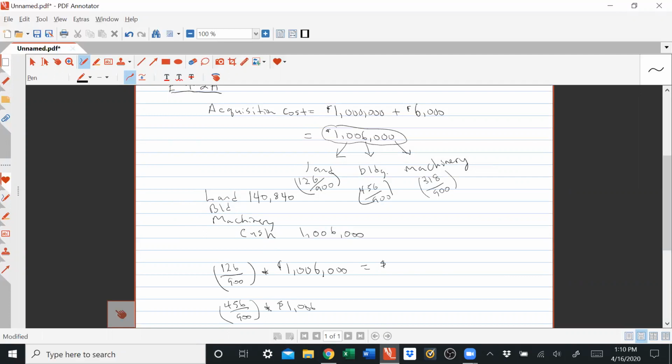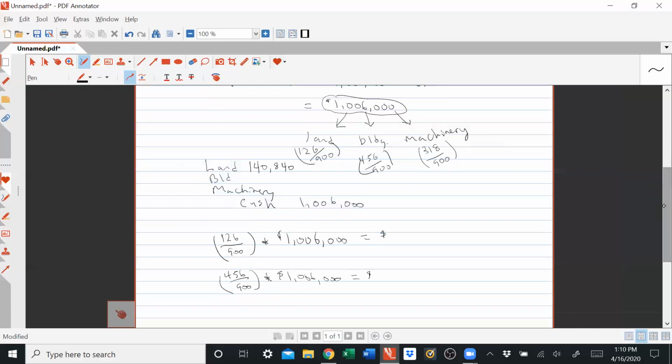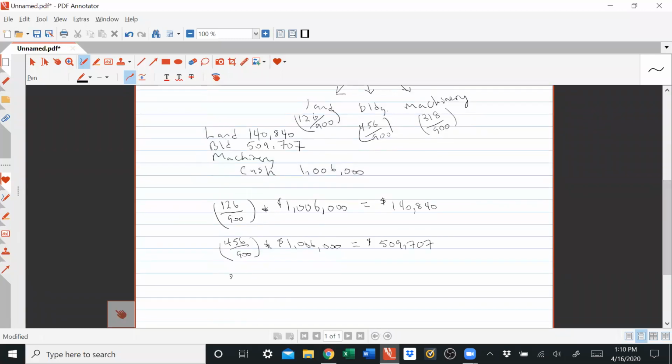So we take that ratio, multiply it by our purchase price, our acquisition cost, and we get 509,707. And then for the machinery, we do the 318 divided by 900 multiplied by the 1,006,000.